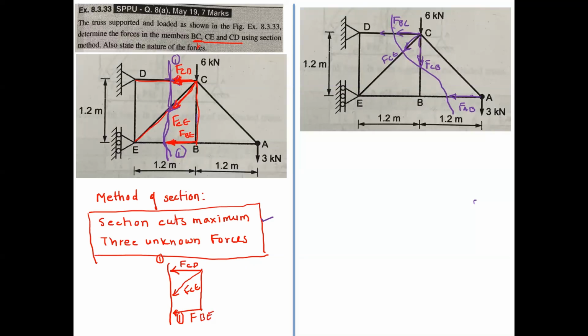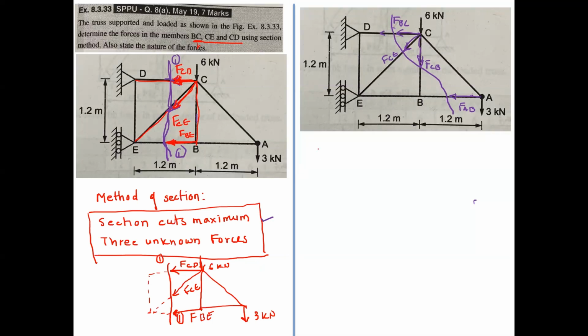Clear? So these are the 3 forces, and the portion beyond the section we just draw as a dotted line, and your truss is like this. Here there is a force of 3 kilonewton, and here a force of 6 kilonewton. Clear?